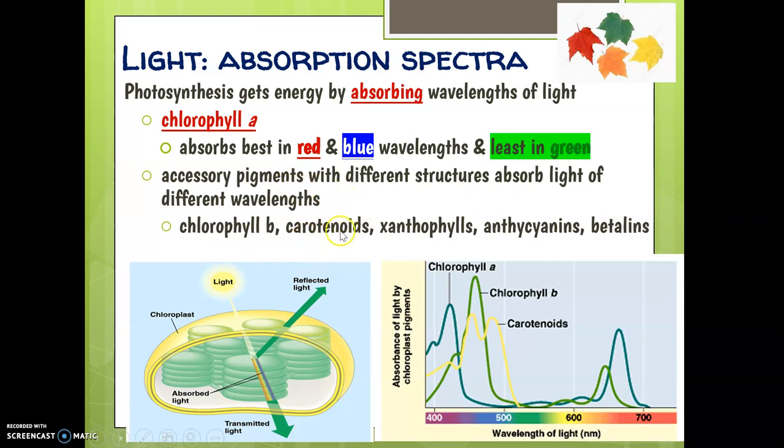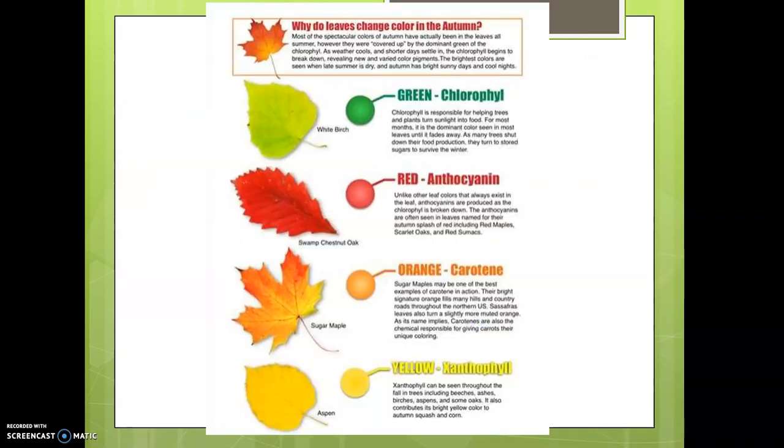You have chlorophyll b, carotenoids, xanthophylls, anthocyanins, and betalains. Chlorophyll b is the one where we're mainly in the green, getting close to blue-green. Carotenoids are where you're going to get more of your yellows or oranges.